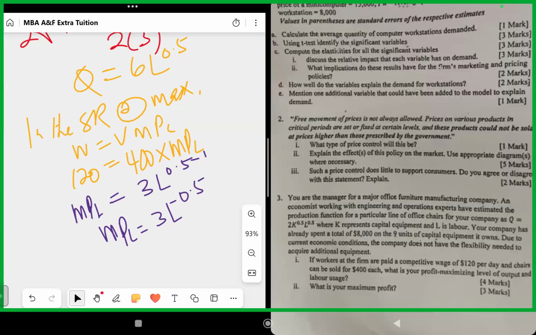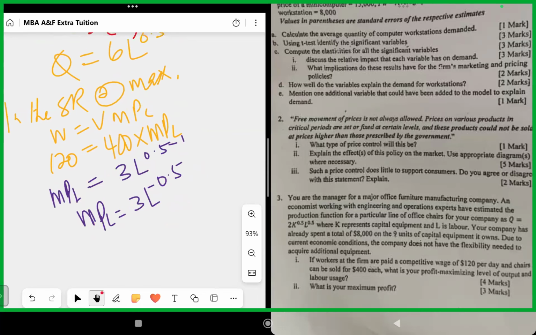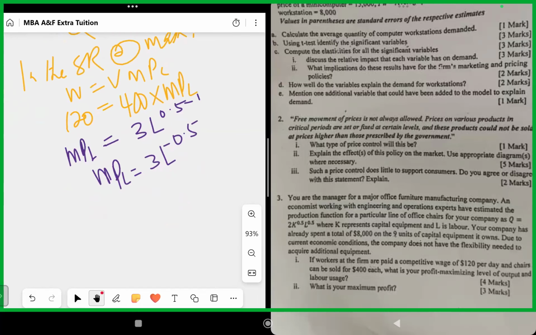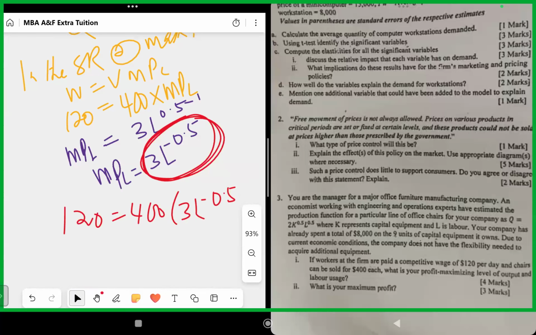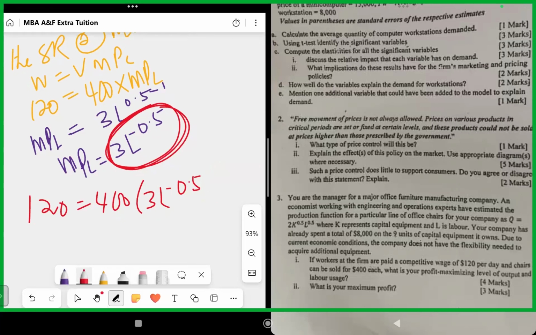Oh, and I understand why your people didn't do my assignments. I think they got stuck somewhere, because yesterday I gave them this as the assignment but I didn't show it in full. So this is the MPL. We will say that 120 equals 400 times 3L negative 0.5.